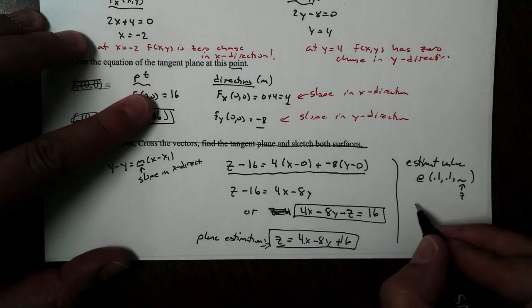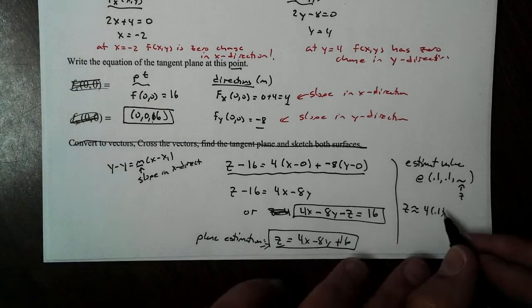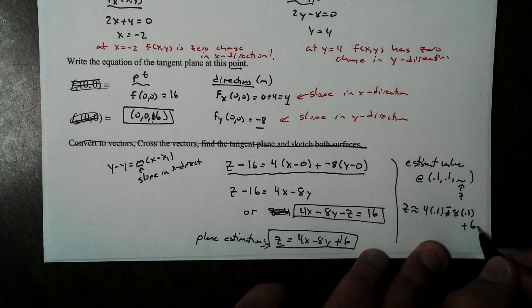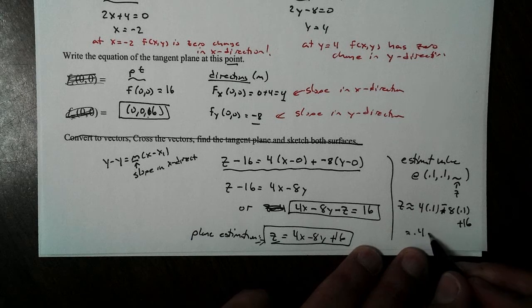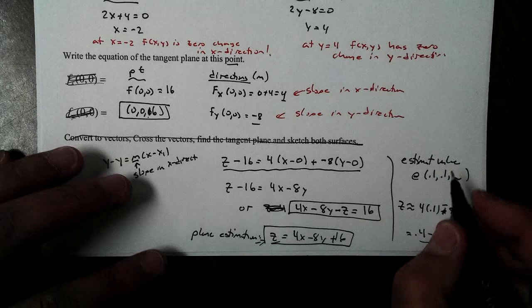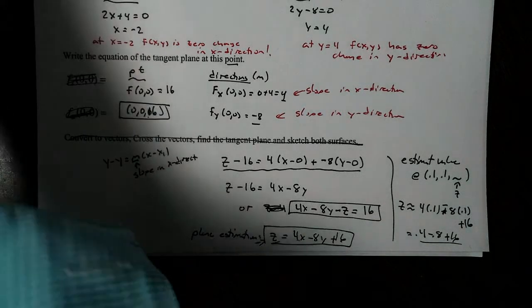I could plug that in. z would be about 4 times 0.1 minus 8 times 0.1 plus 16, or 0.4 minus 0.8 plus 16, whatever that is. And that would be my estimated value. Very similar to what we did last year with tangent line approximation.